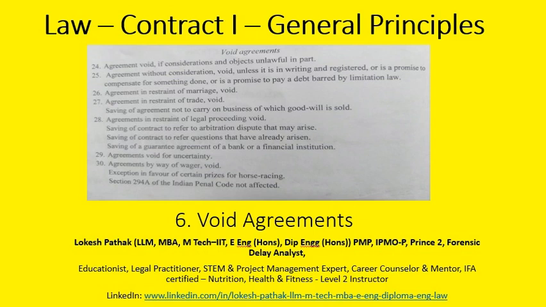Section 56 says that an agreement to do an impossible act is void in itself, void ab initio, void since inception. So you can see that agreements pertaining to sections 24 to 30, 32, 36 and 56 are void.